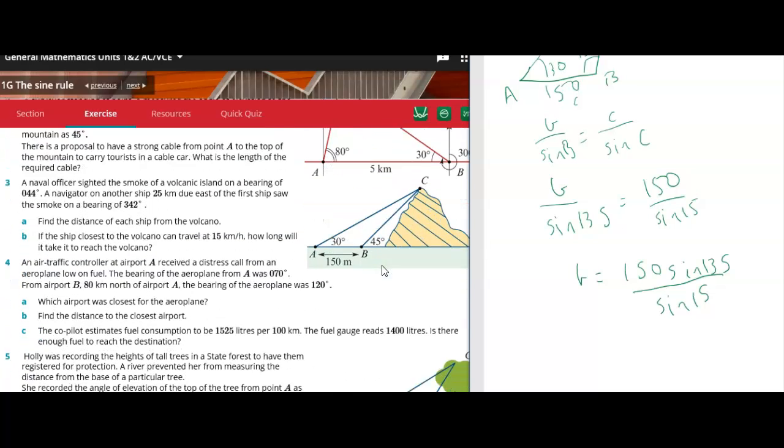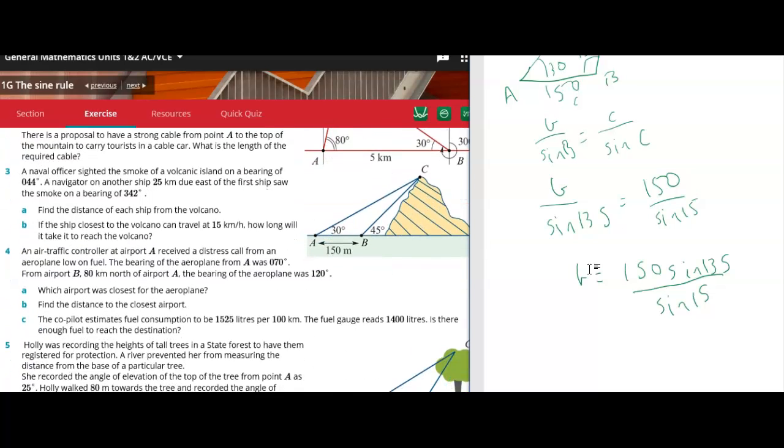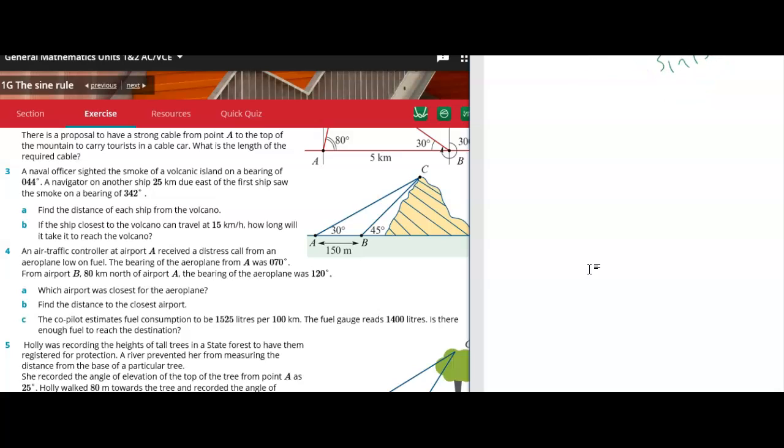Let's move on to question 3 or question 18 in your textbook. So question 18 and also question 19, they don't have diagrams, so that's always fun. We have to draw a diagram. A naval officer sighted the smoke of a volcanic island on a bearing of 44 degrees.